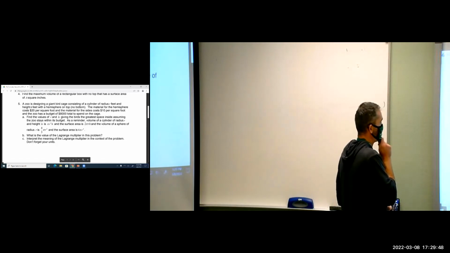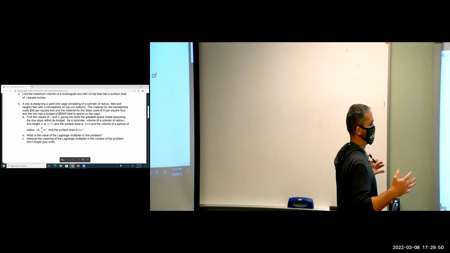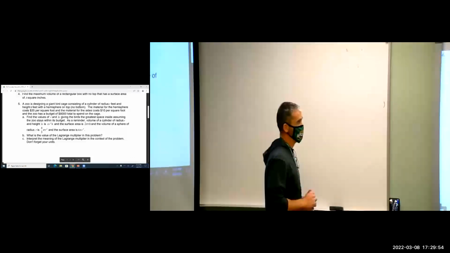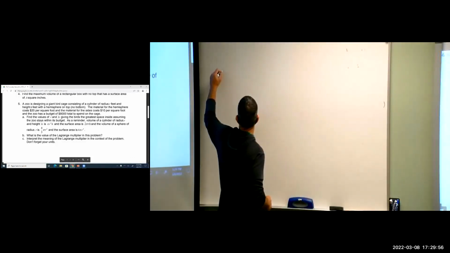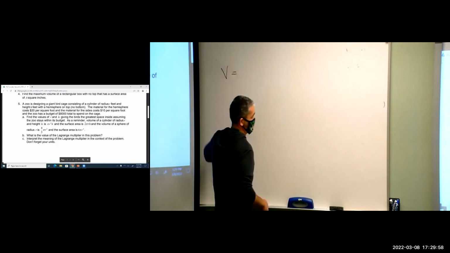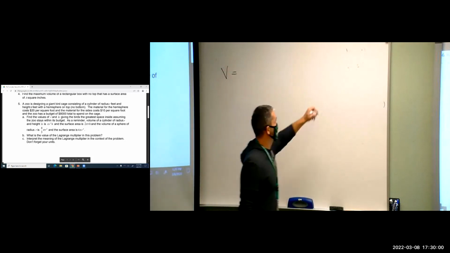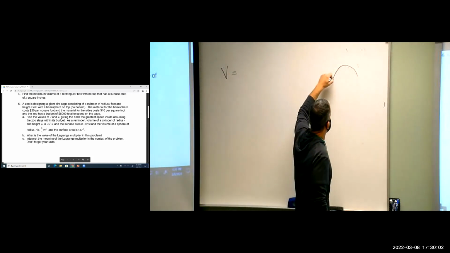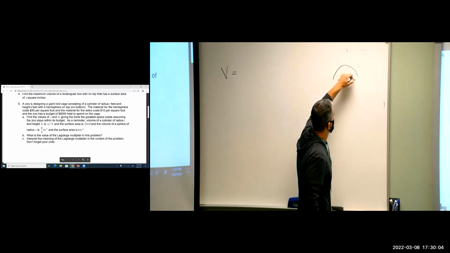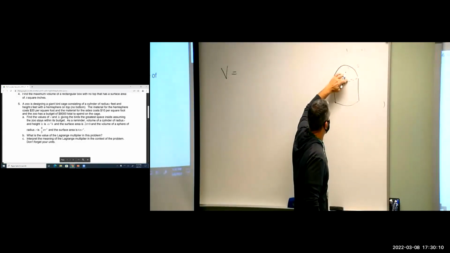So first off, what are we trying to do? We're trying to give the greatest amount of space. So our objective function is going to be a volume function. And there's going to be 2 pieces to that volume function: the upper hemisphere of the bird cage, and then the cylinder of the bird cage.